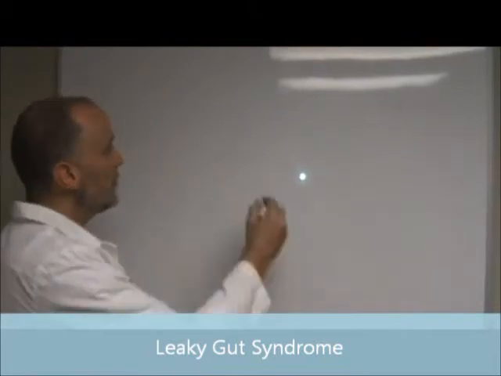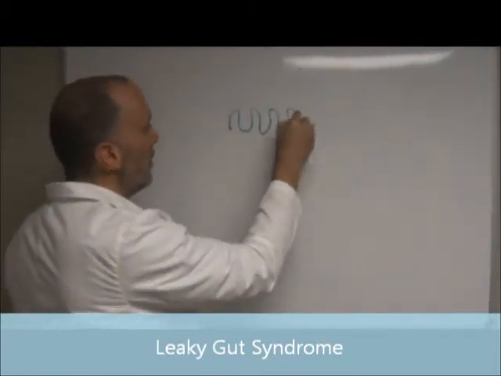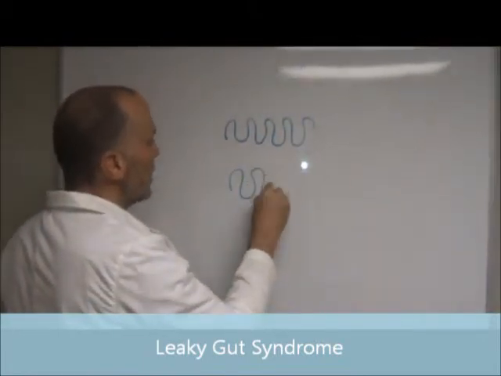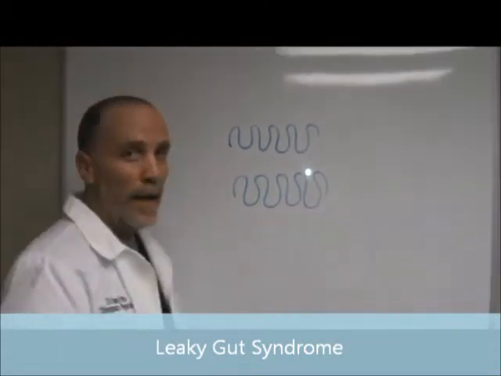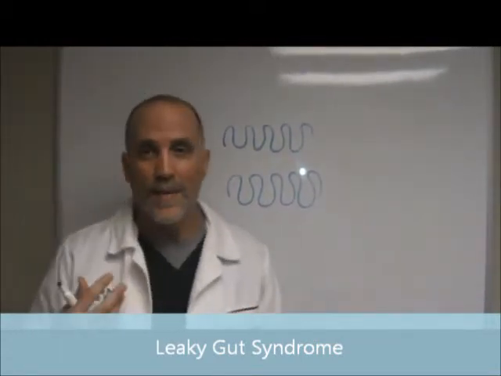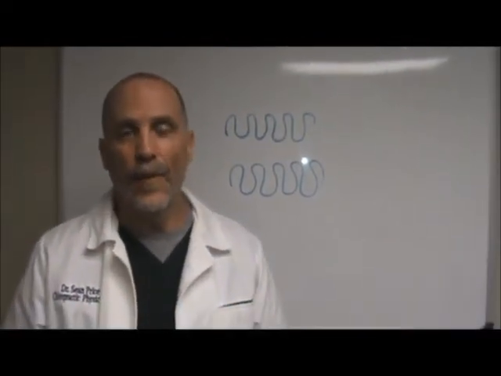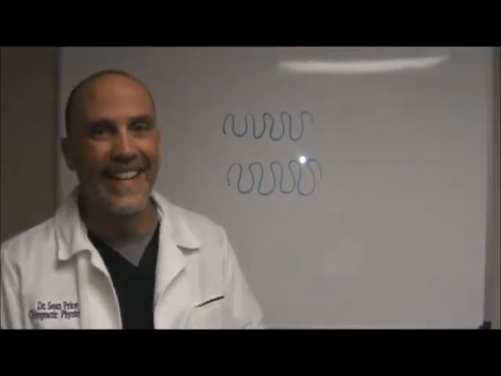Basically, your gut is a long tube. It's made up of the same kinds of cells as your skin, because technically your gut is outside of your body. I know, what the heck am I talking about?